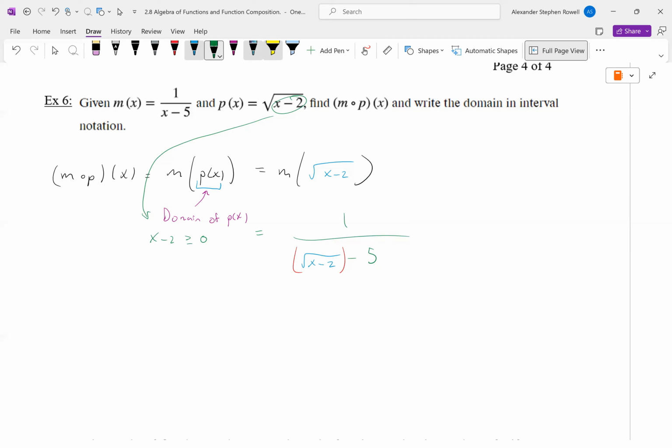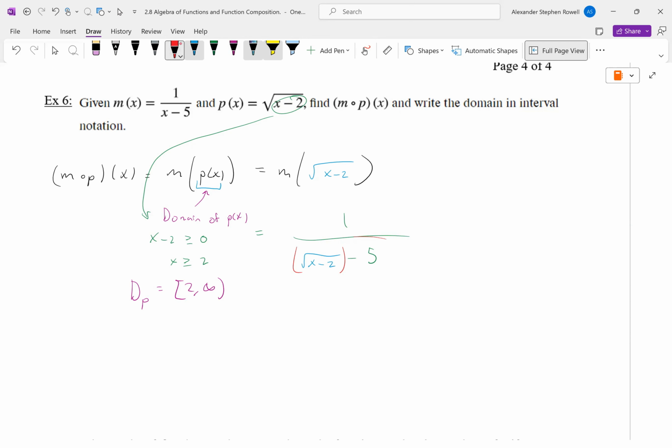Otherwise, I can't take the square root of it, because it would be negative. And we add 2 to both sides, x greater than or equal to 2. So the domain of function p is 2 to infinity.